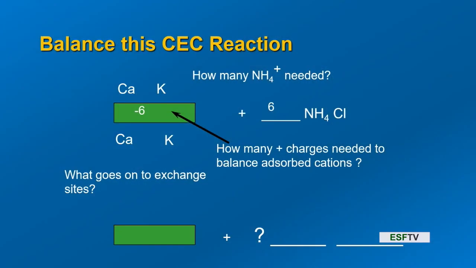This depicts a crystalline colloid with adsorbed calcium and potassium, and if we're going to exchange with some salt, we're going to use this reaction. Here's NH4Cl. This is the salt we're going to use to force this reaction and do this exchange. We're going to drip that through the system, and we might ask, how many NH4 pluses are needed to balance this? Okay. So the first question we look at: how many plus charges are needed to balance the adsorbed cations? Okay.